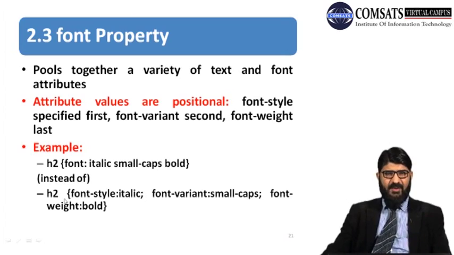So instead of using heading 2, that is font style italic, font variant small caps and font weight bold, what we have done, we have taken the common values of font as a property once and then mentioned its style, its variant and weight accordingly as per defined sequence for the format.